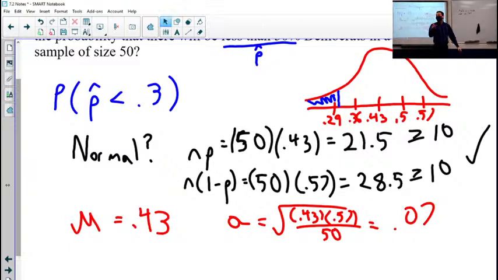Remember, the idea here of what this curve is, this curve is trying to talk about what percentage we could get for every sample of 50. What percentage of the samples we would get would be Democrat. So the question that we're asking here is something like this.